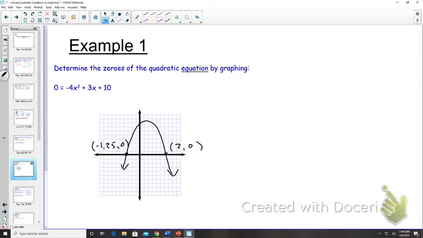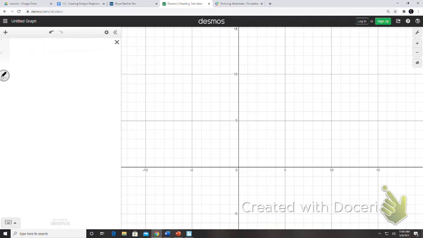While you're doing that, I'm going to start punching our next function into Desmos. The flight path of a water skier is modeled by the function. I hope it doesn't throw you off because it's in a backwards order, but we have 5.0 plus 24.46 x minus 4.9 x squared.